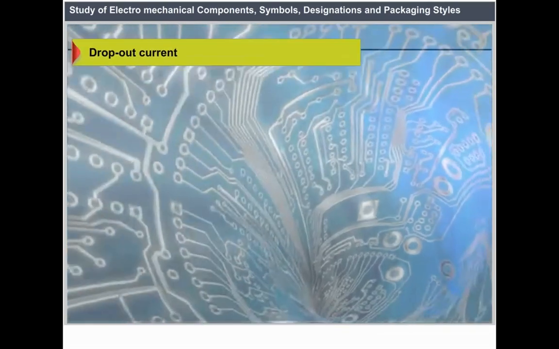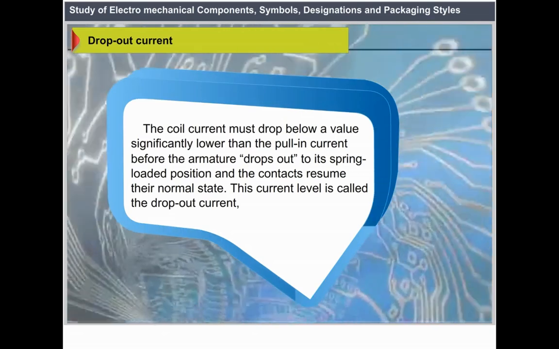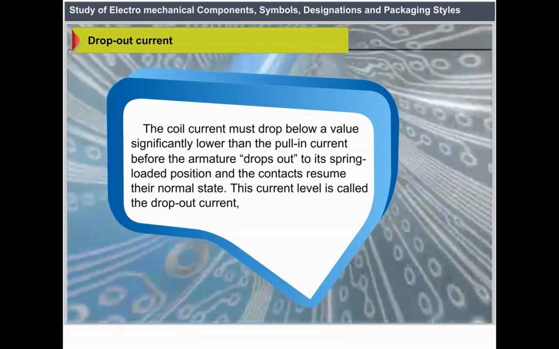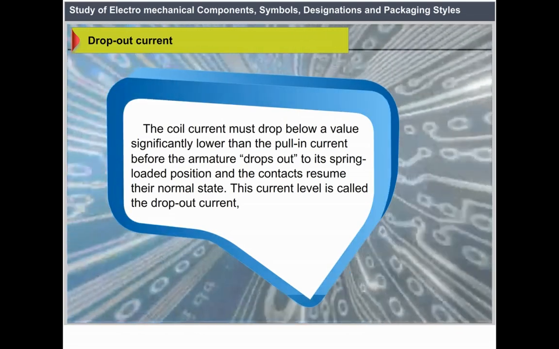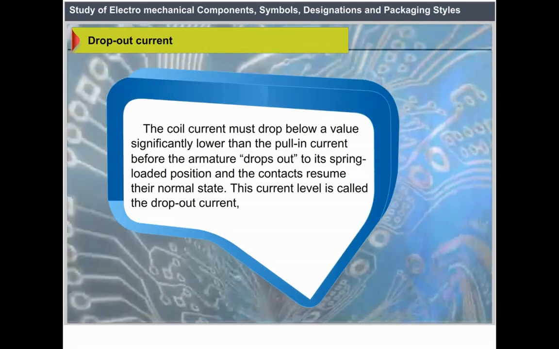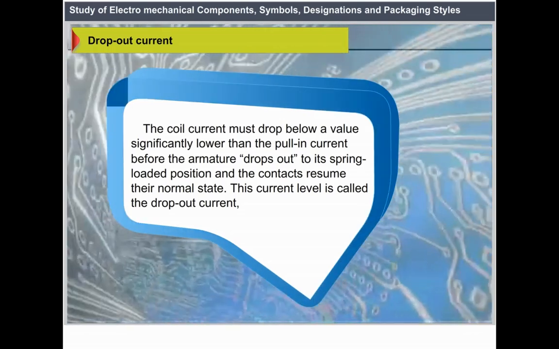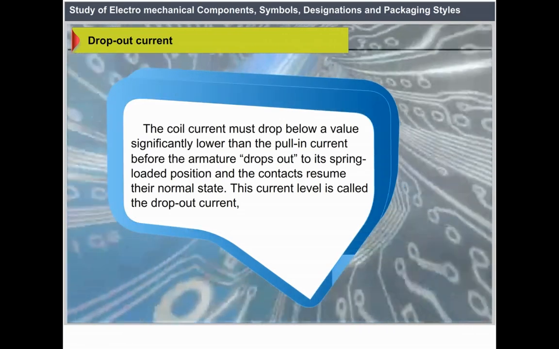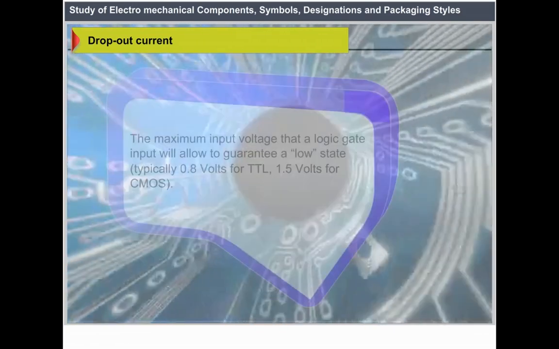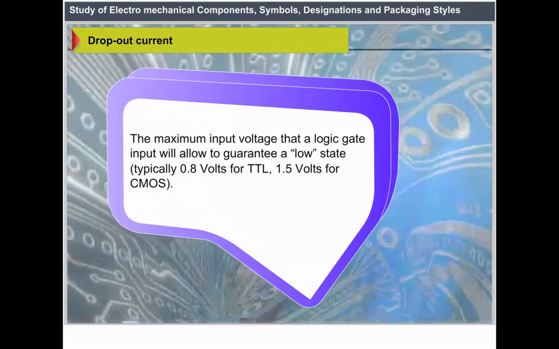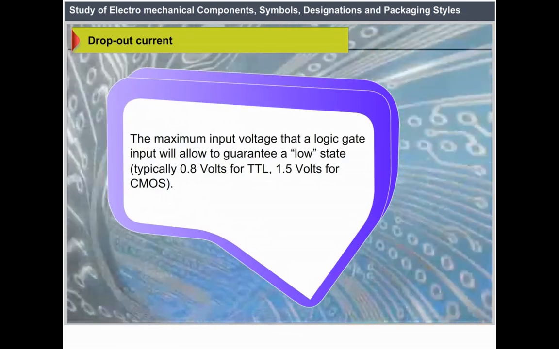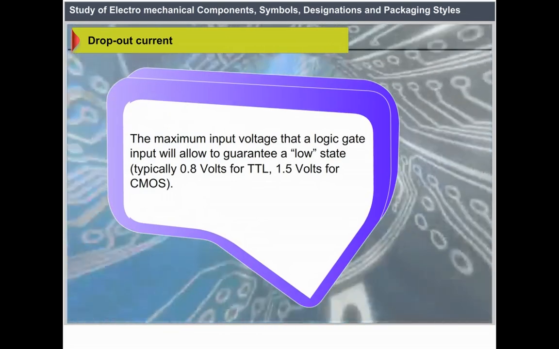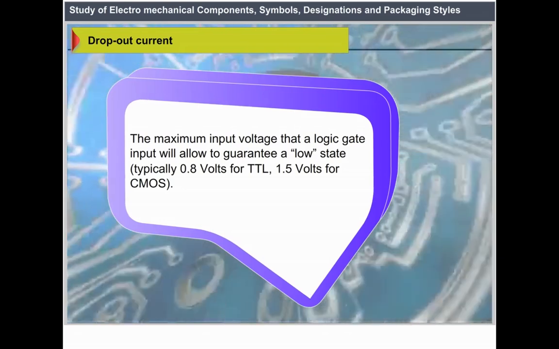Dropout current. The coil current must drop below a value significantly lower than the pull-in current before the armature drops out to its spring-loaded position and the contacts resume their normal state. This current level is called the dropout current, and it is analogous to the maximum input voltage that a logic gate input will allow to guarantee a low state, typically 0.8 volts for TTL and 1.5 volts for CMOS.